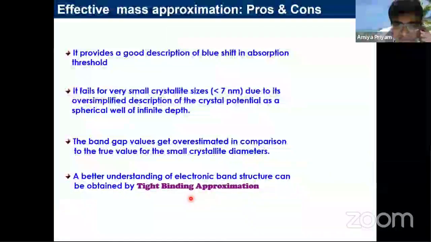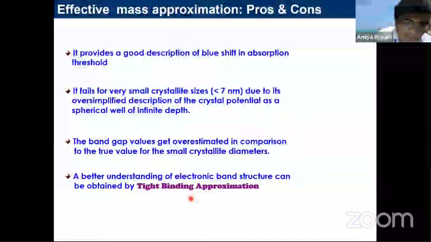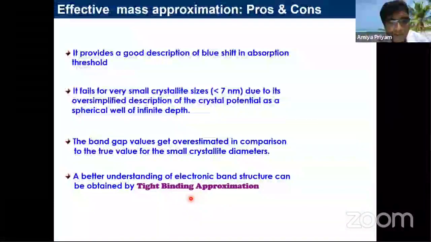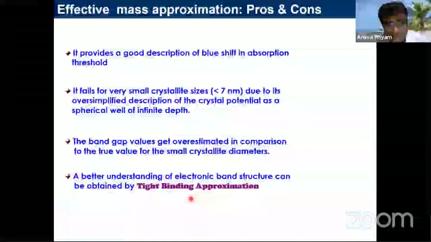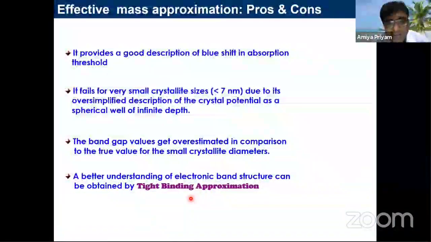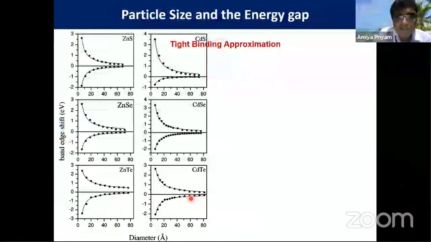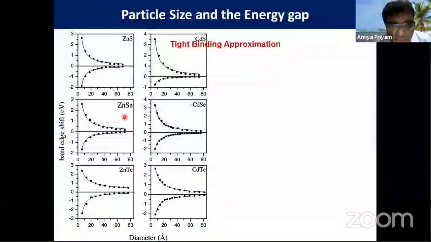Students may correlate with this: the tight binding approximation can be understood as a combination of atomic orbitals of all the atoms in the crystal taken together, just like you make a linear combination of atomic orbitals for molecules. Extend that to the entire crystal with some changes, and you make an entire crystal orbital. That is what is done in the tight binding approximation. When you do that, the results match the experimental results very well, and this is what is shown in my slide here.